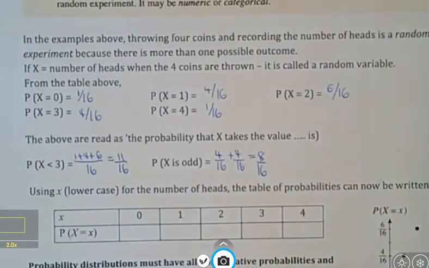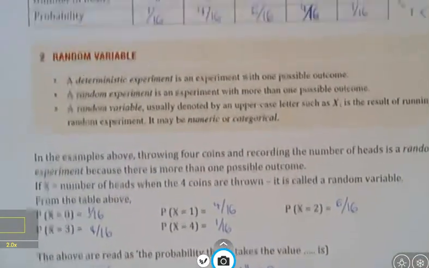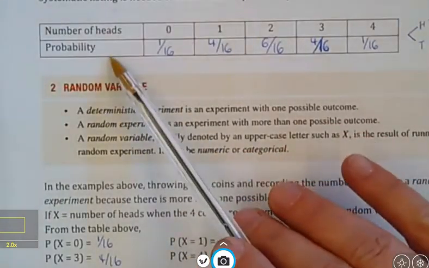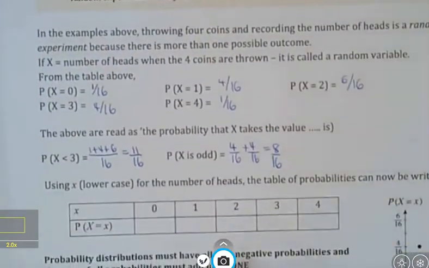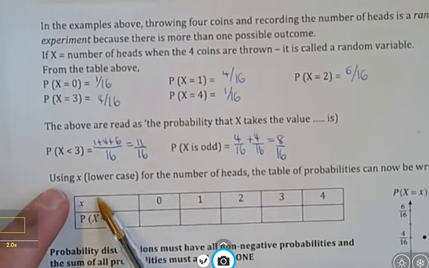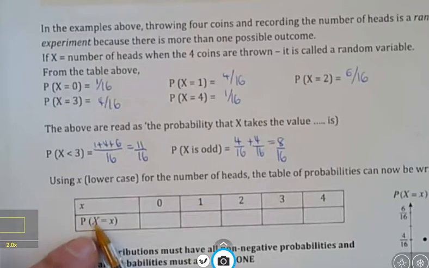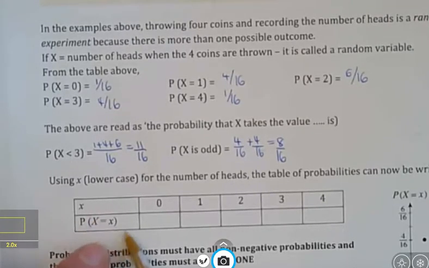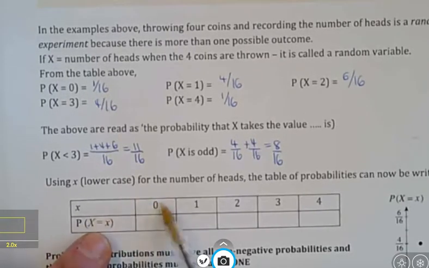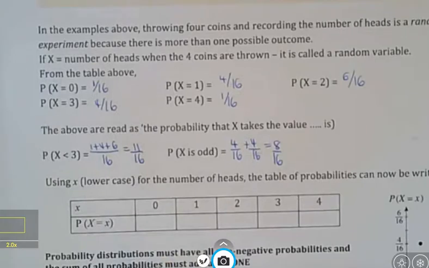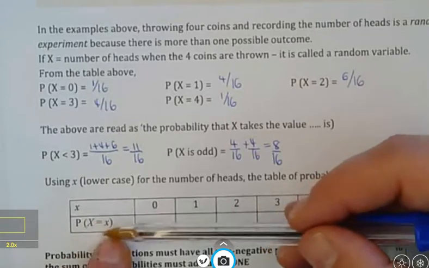From now on, we are not going to write the following: number of heads, probability. We're going to replace the word probability with what we've just done. Capital X is what our outcome could be, and the probability that our variable is little x. It's like a table of values. So we write it like this: the probability that X, my random variable, equals this little x.